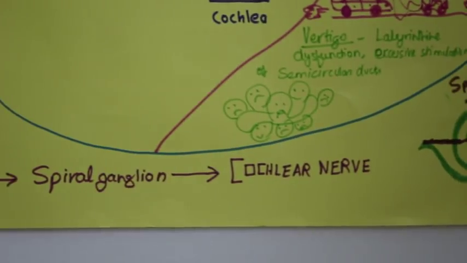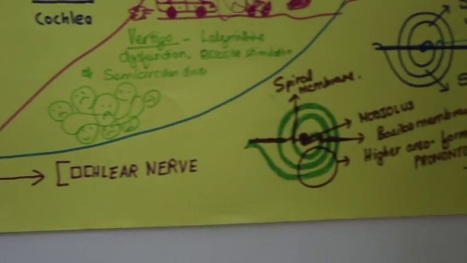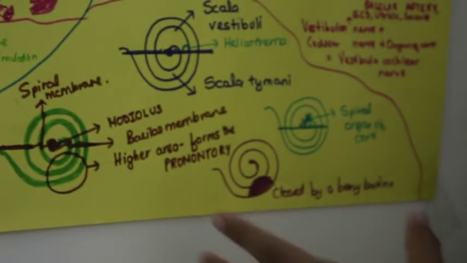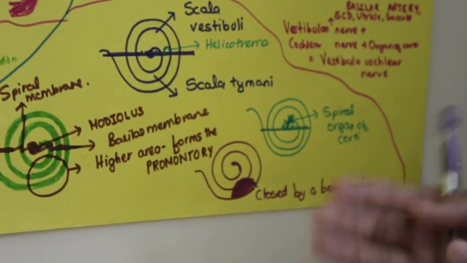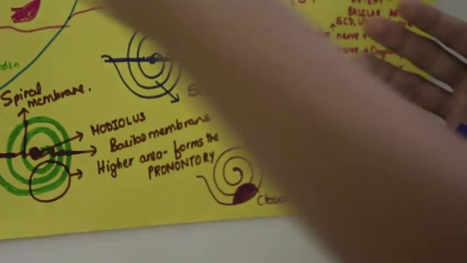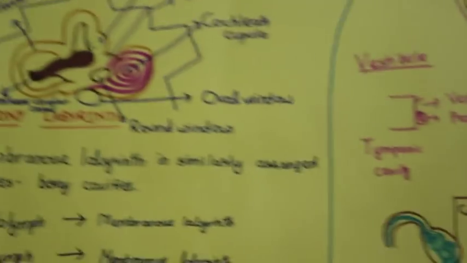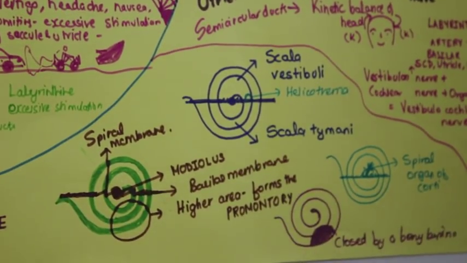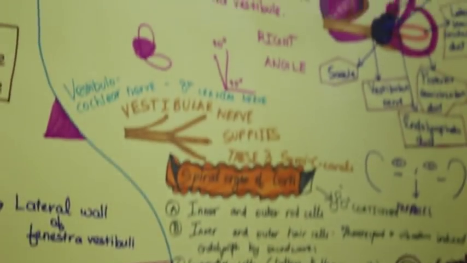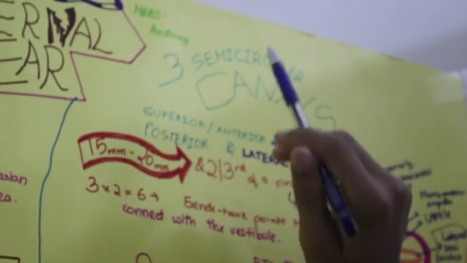Now we shall see that this basal coil is closed by a bony lamina, and this actually prevents the connection between the middle ear cavity and the internal ear. So this is a covering, a bony lamina type of thing. The spiral organ of Corti is present in the modulus as seen now, and that is supplied by the cochlear nerve. And next we shall see the three semicircular canals.